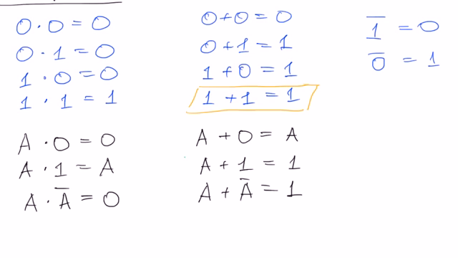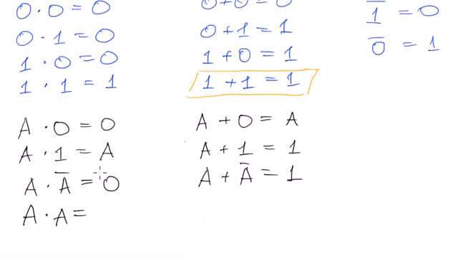Let's do another one. What about a multiplied by a? What could that be? Let's see, if a equals 1, then the whole thing will be 1 by 1, which is 1. If a equals 0, then the whole thing will be 0 by 0, that is 0. So we can see that the resulting value will be the same as the initial value a.